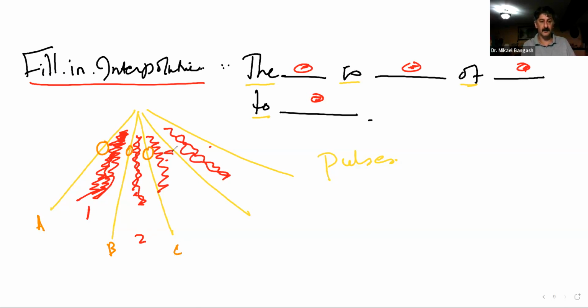This space here means comparing pulse C to D. Space 3 here.